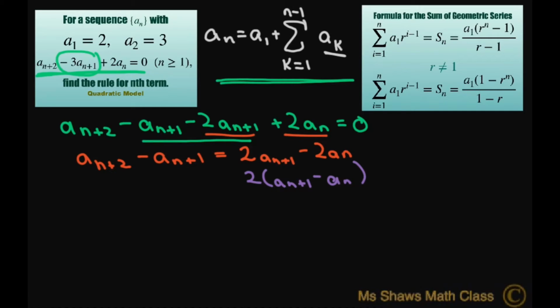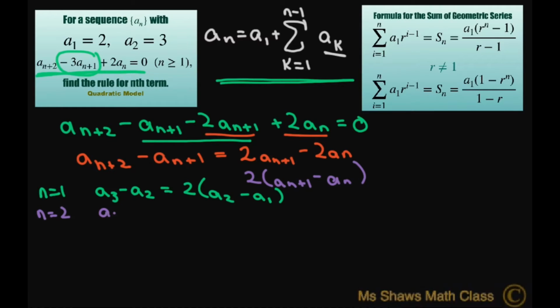Alright, now if we let n equal 1, I'm going to get a sub 3 minus a sub 2 equals 2 times a sub 2 minus a sub 1. And then we're going to keep going on. So n equals 2.